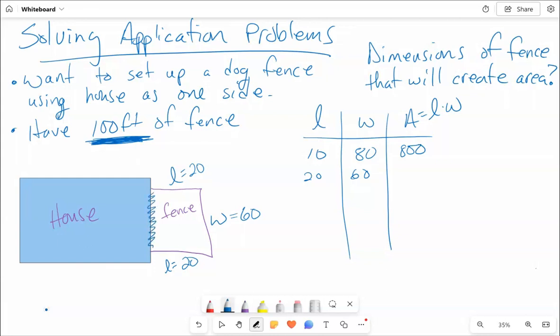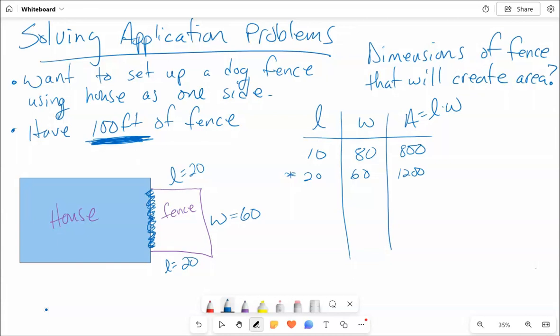Whenever I'm figuring out my numbers, I'm not having to say 20 and 20 is 40, there's 60 left, but that has to divide between two. I'm not having to do that because this side is being used by the house. I don't have to use fence over there. That's the cool thing about putting it up next to the house. So in this scenario, area is length times width, 20 times 60, that would be 1200. You can see this right now is a better scenario than the previous because we have a greater area.